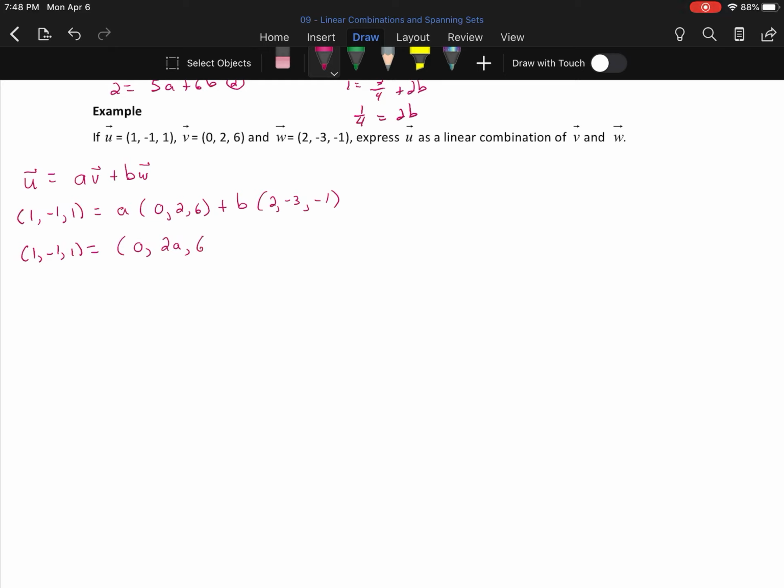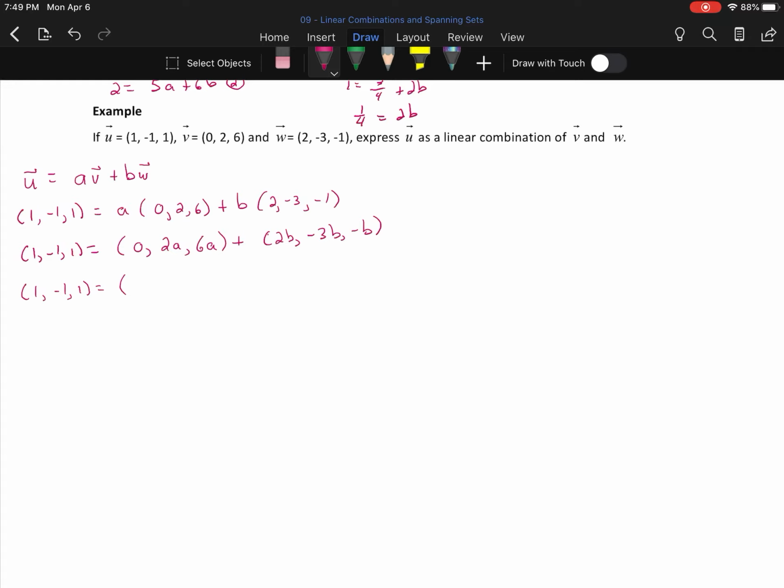Let's see, 1, -1, 1. Multiply the A into the first vector. I get 0, 2A, 6A. And the second vector, I get 2B, -3B, -B. And all I've done is multiplied in the A and B into those two vectors.